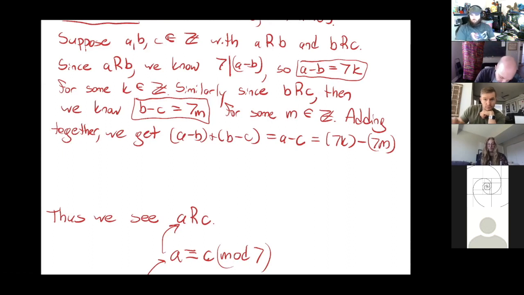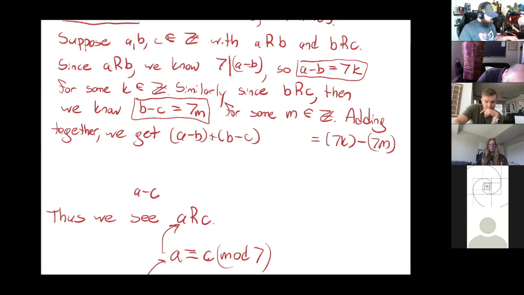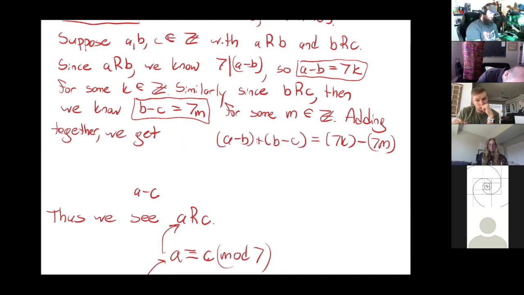So maybe perhaps a better way of writing this out. It's going to change this order. Maybe that looks a little better. So we've got A minus C. I can write that as A minus B plus B minus C, and then use the fact that I know what A minus B and B minus C are to some extent.